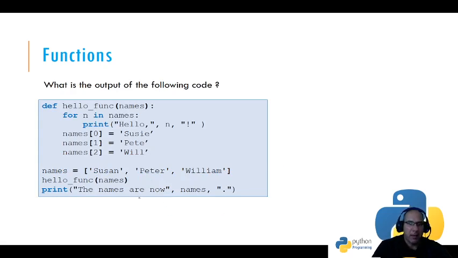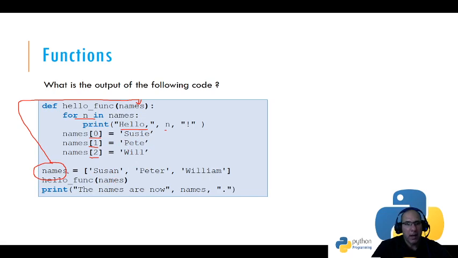In here I have names, which is a mutable object, a variable object that you can modify. So I pass it to the function. Inside this function, you will get names. You have a for loop that will print hello Susan, hello Peter, hello William, whatever the end, then modify the values at position 0, position 1, and position 2, instead of Susan, Susie, Pete, and Will.